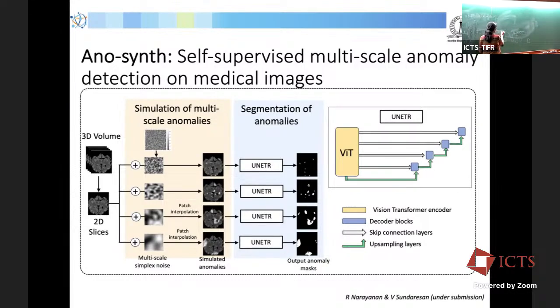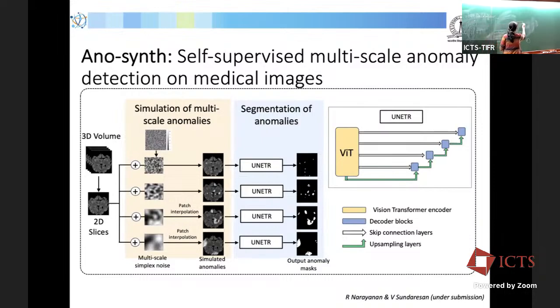So for example, if this is the location, both the patch information and the location-level information go in. So usually vision transformers have most of the location context and also what kind of anomaly to detect. And then it goes through a series of steps.